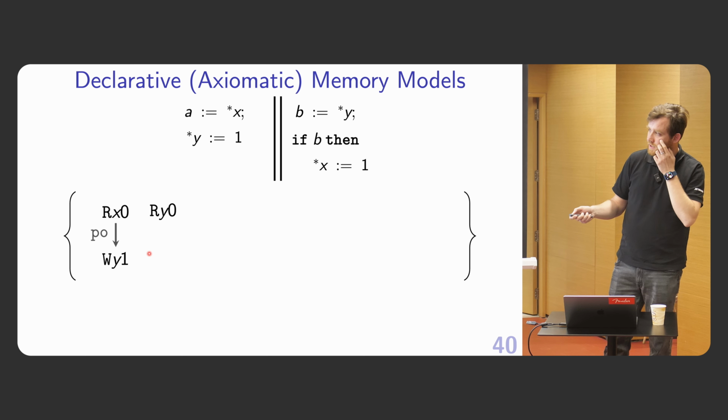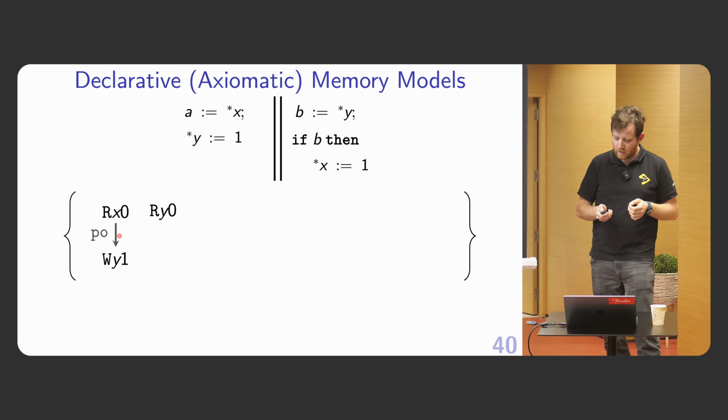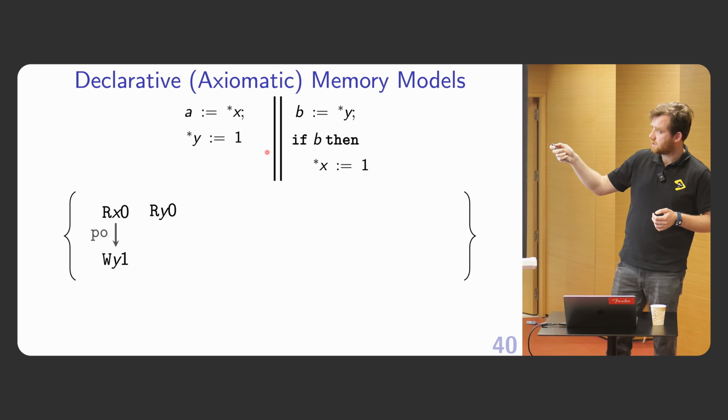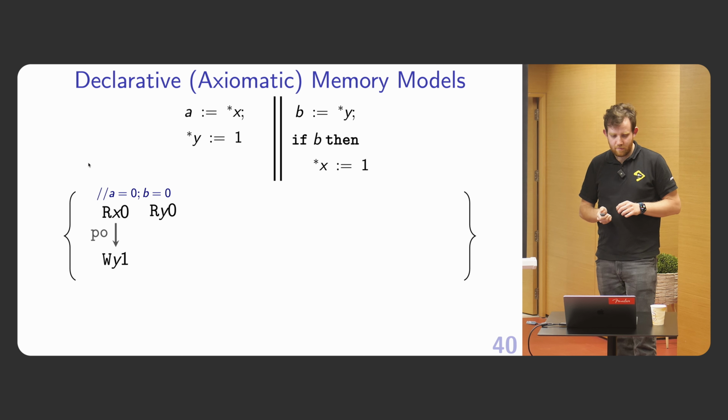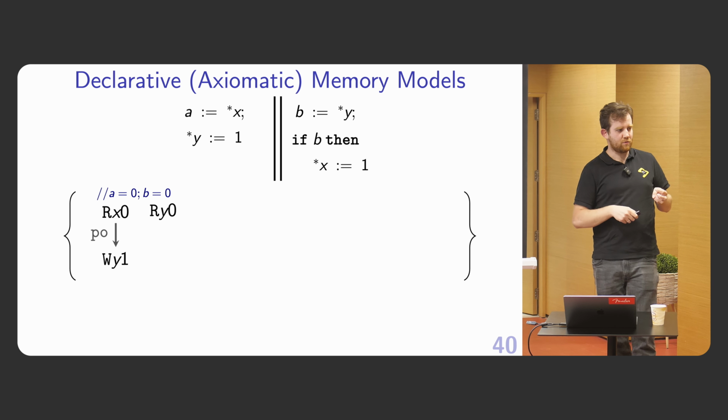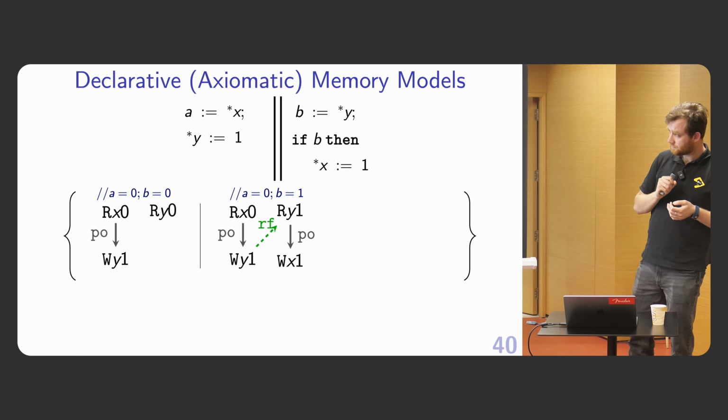Here we have only one type of edge, PO, which stands for program order. These 2 accesses correspond to the same thread, which is why there is program order between them. In the right thread in this execution, B gets 0, so there is nothing to be executed afterwards. There is only one access. Obviously this execution graph corresponds to the outcome A equal to 0, B equal to 0.